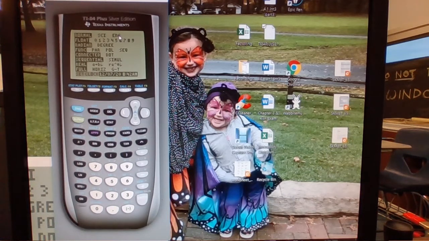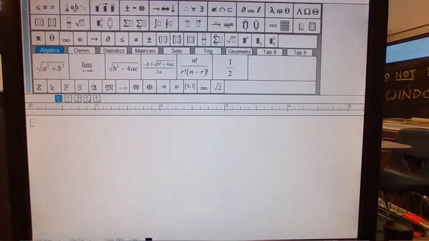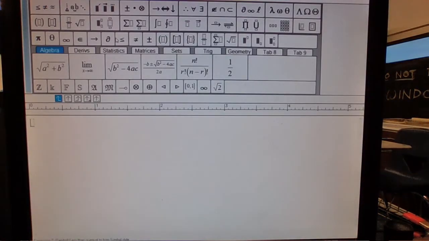Okay, if you have math print highlighted, it's going to give you something like that, where you can actually go.